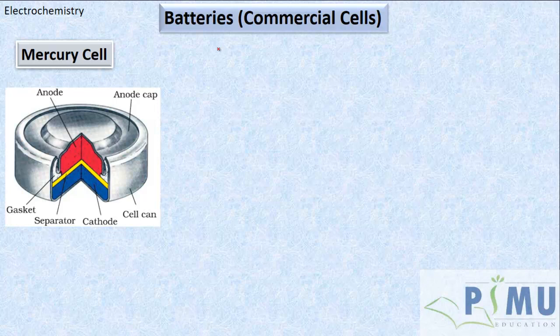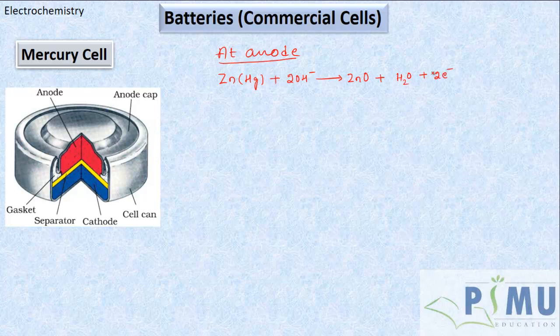So at anode, the reaction is zinc amalgam Zn(Hg) undergoes oxidation, plus 2OH- becomes ZnO plus H2O plus electrons.